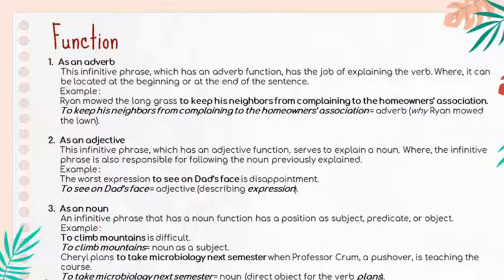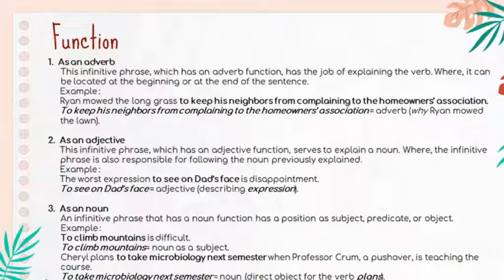And then the second example, Carol plans to take microbiology next semester when Professor Krom, a pushover, is teaching the course. To take microbiology next semester is a noun that is the direct object for the verb plans.